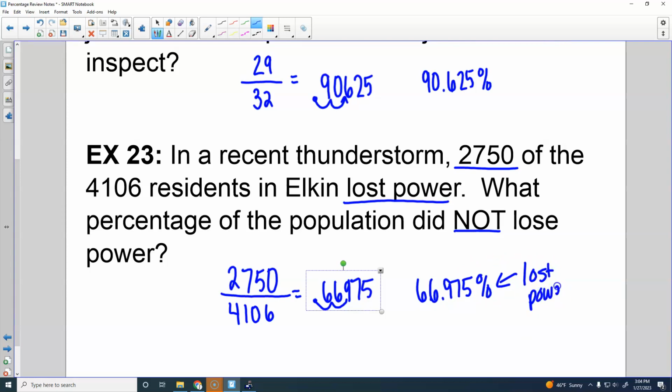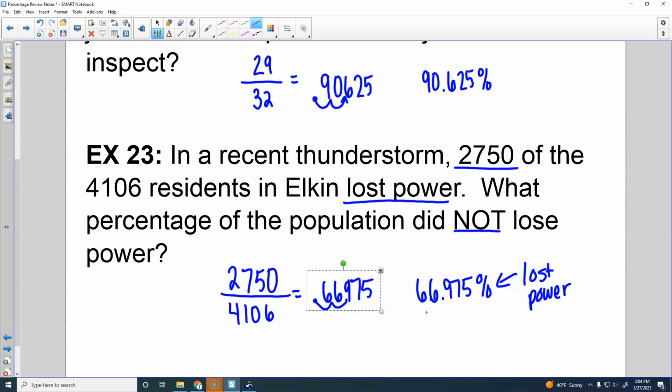Losing power or not losing power is a yes or no question, right? All of these people either did lose power or did not lose power. There's not a middle ground where they sort of lost power.